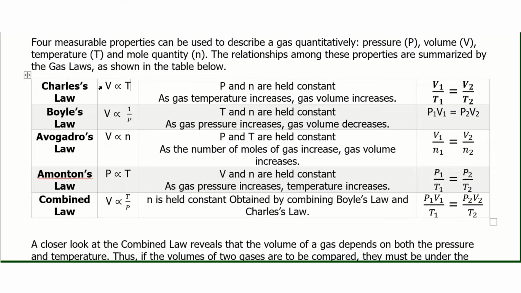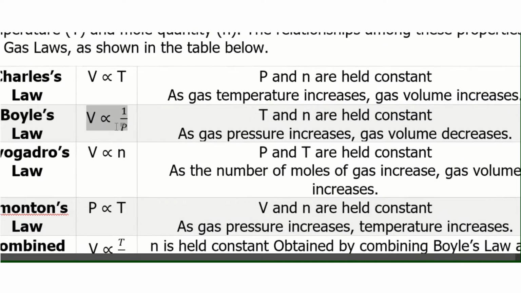So this V and T with the little proportion sign tells you that there is a direct proportionality, a direct relationship. If gas temperature increases, then so does volume. Okay, that's what that's telling you. Boyle's law, on the other hand, notice that I'm going to zoom in real quick.